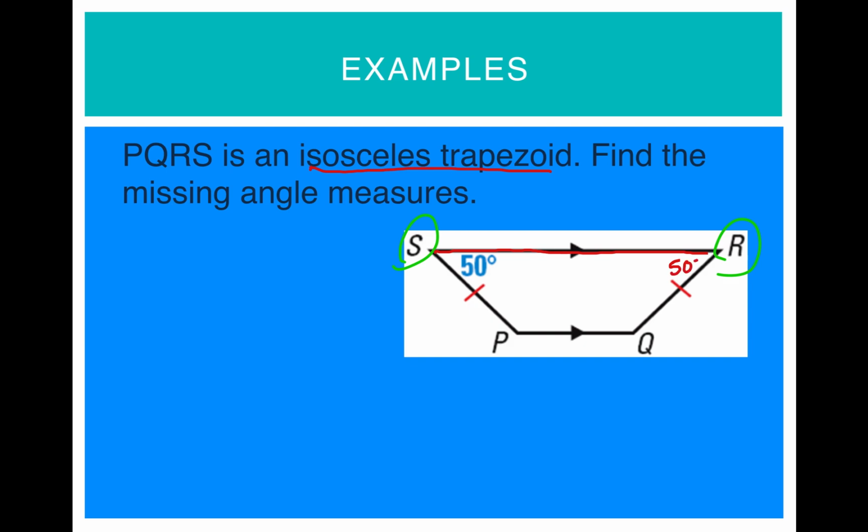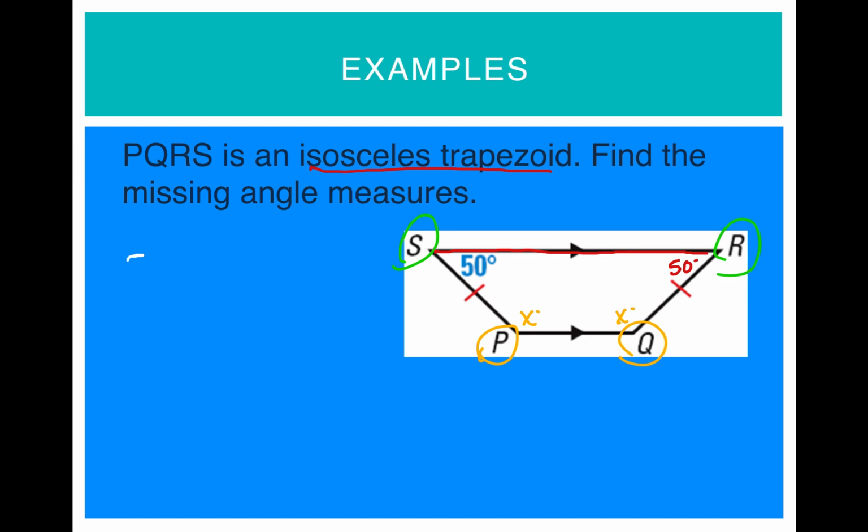Now I have a second pair of base angles right here, P and Q. I know that they are congruent as well. Pairs of base angles are congruent. I'm going to say that P and Q both have x degrees. From earlier in this unit, quadrilaterals have an angle sum of 360 degrees.